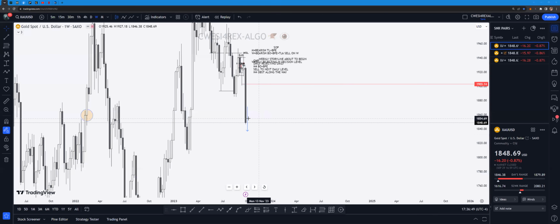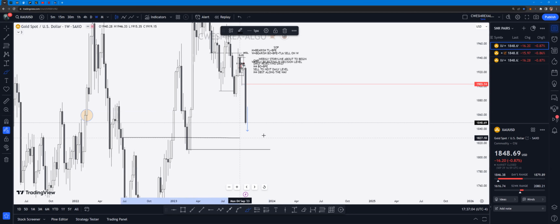All right, so let's say on this weekly time frame, price comes all the way to maybe mitigate this gap level, or maybe somewhere here. Yeah, this is a nice level as well. This level over here is a very nice level. 1827, yeah.